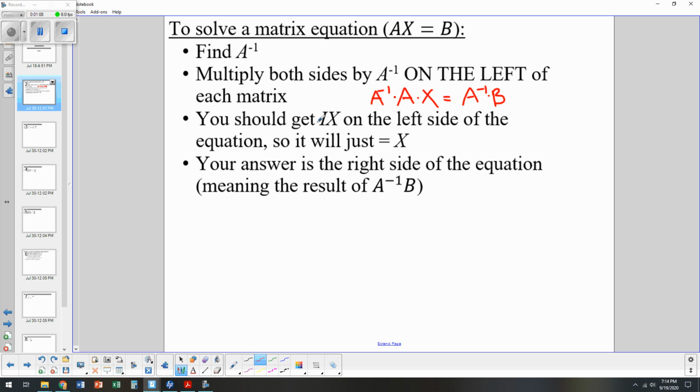So it's going to be left with IX on the left side, so it's really just X. On the right side of the equation, we're actually going to multiply the inverse of A by B, and the result is our answer.